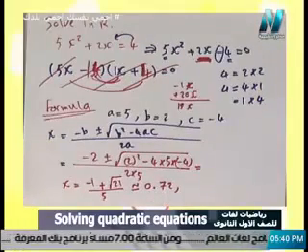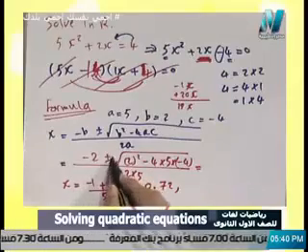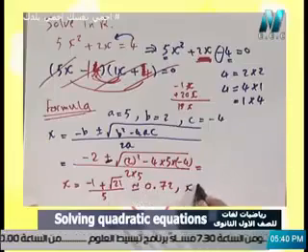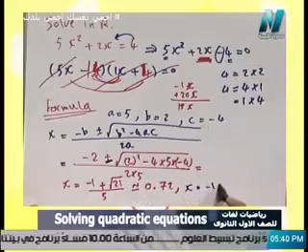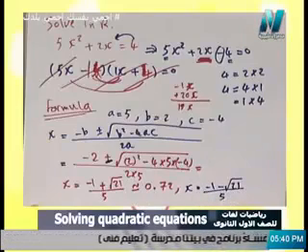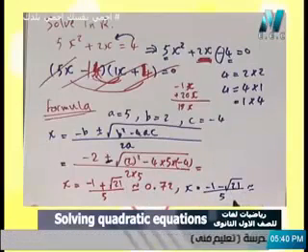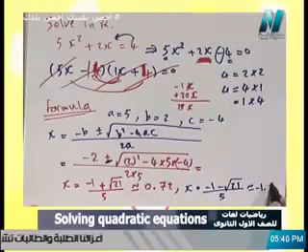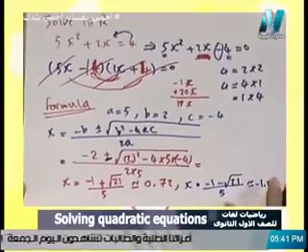And when we use minus here, x equals negative 1 minus square root 21 over 5, and approximately equals negative 1.12. Okay?